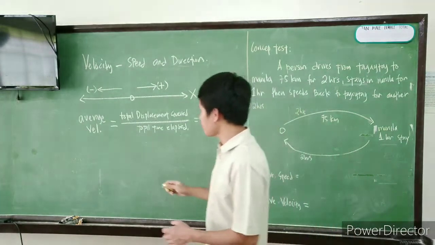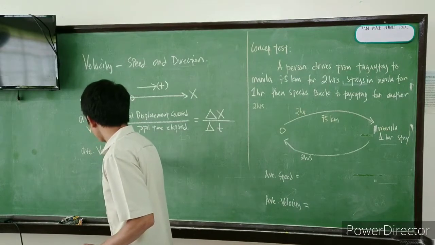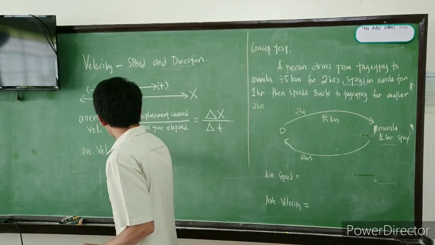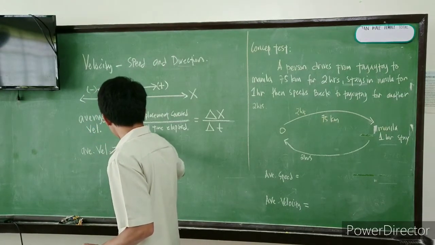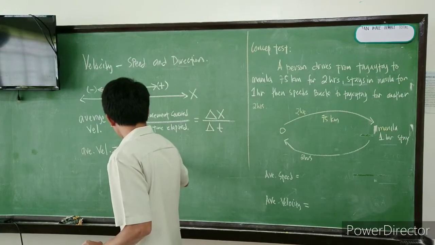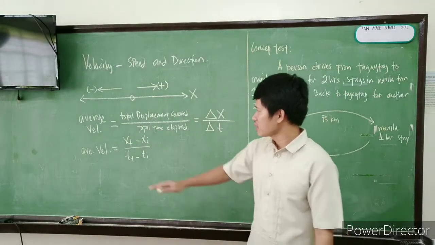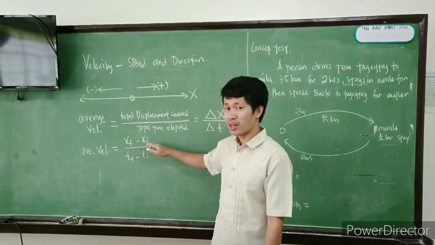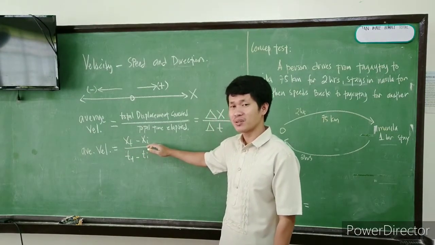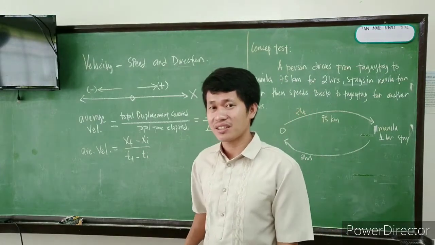So average velocity is equal to x sub f minus x sub i over t sub f minus t sub i. Or in other books, x sub 2 minus x sub 1, final minus initial. Iba-iba na symbol pero same lang din naman yung ideas.